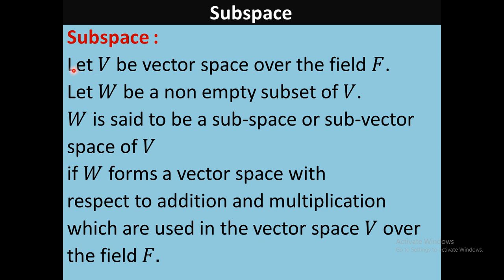If those conditions are satisfied, then V is a vector space. But here we have to show that W is a vector space also. So you have to satisfy all the 10 conditions by W.